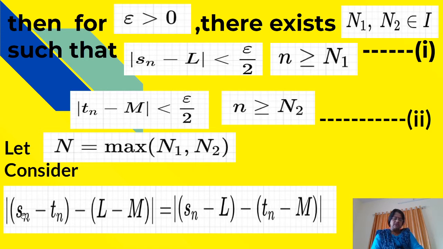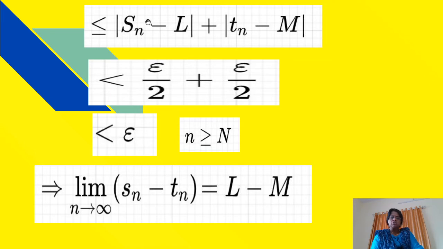Now consider the expression modulus of Sn minus Tn minus, in the bracket, L minus m, which is equal to modulus of Sn minus L minus, in the bracket, Tn minus m. Now modulus of A minus B is less than or equal to modulus of A plus modulus of B, and using equation number 1 and 2 we can write this is less than epsilon by 2 plus epsilon by 2, that is less than epsilon.